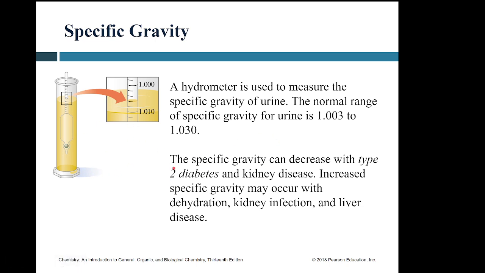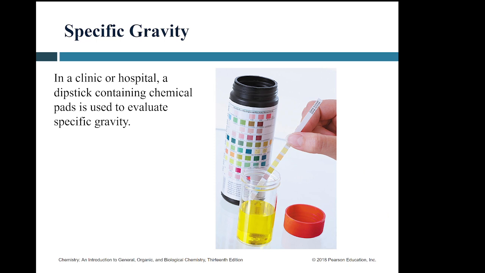So the specific gravity can decrease with type 2 diabetes and kidney disease as well. It'll increase with dehydration, kidney infections, or liver disease. And so you can get an idea of what you might need to test for. It's a quick and easy test, very low cost. It can get even lower cost and even quicker and easier.